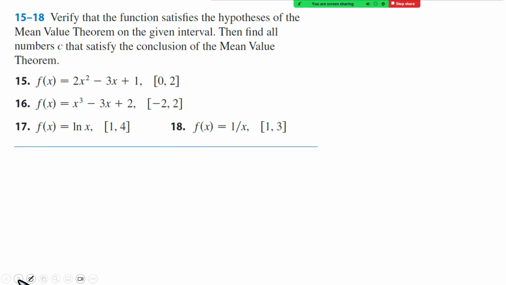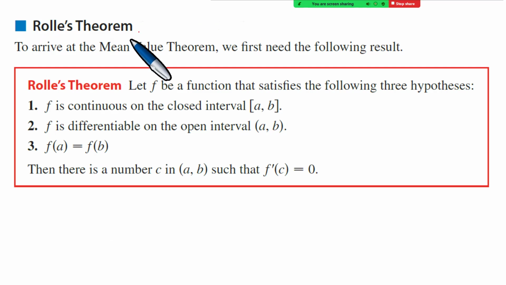There's something extremely important called the theorem by Rolle. Rolle's theorem is at the heart of operations in calculus and curves and graphs, and we cannot leave it outside our discussion. Let us take a moment to look at Rolle's theorem, a very important theorem that is applied in calculus. To arrive at the mean value theorem, we first need the following result.